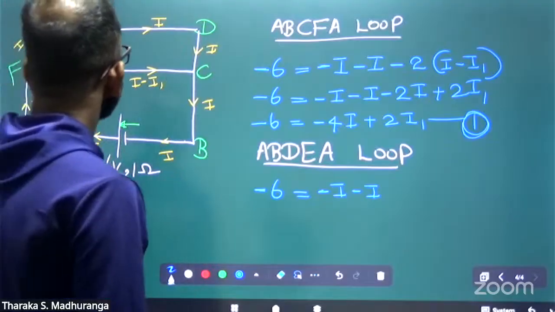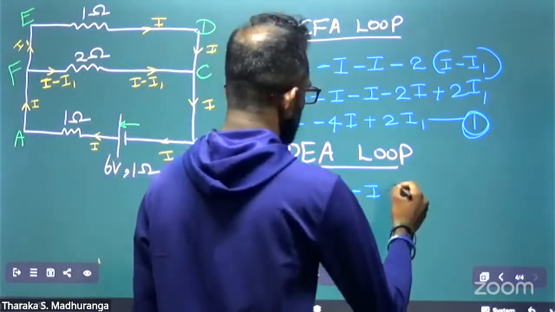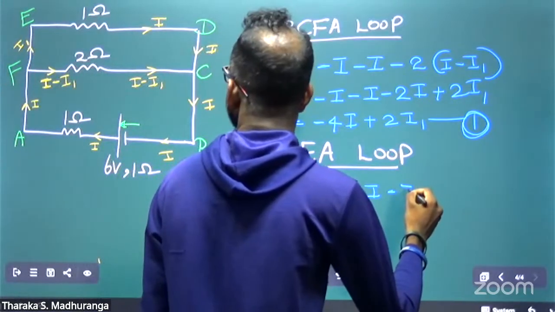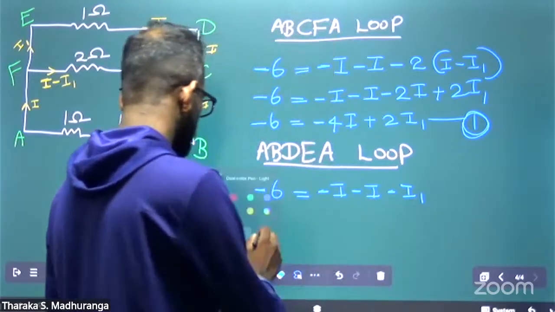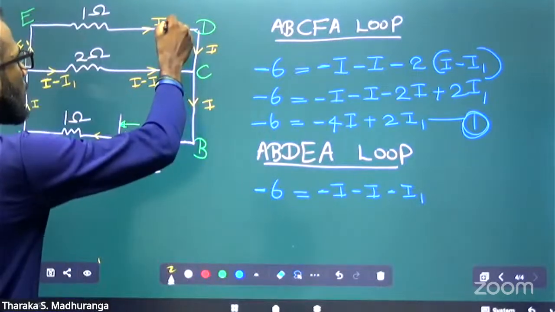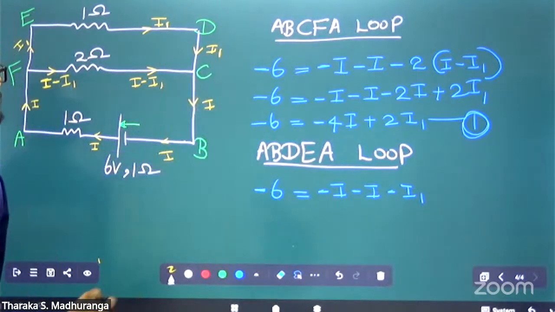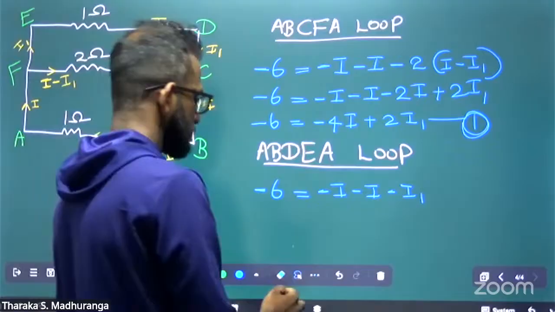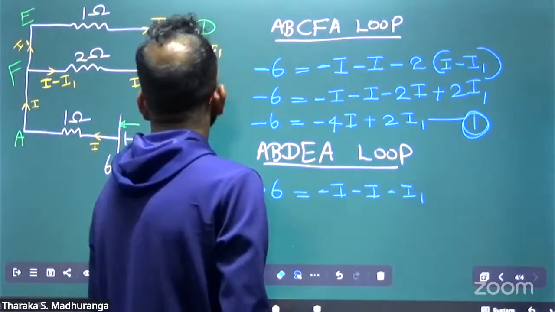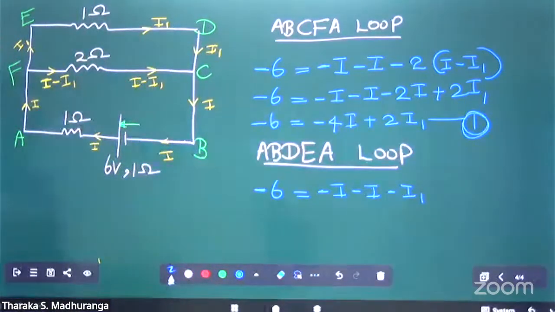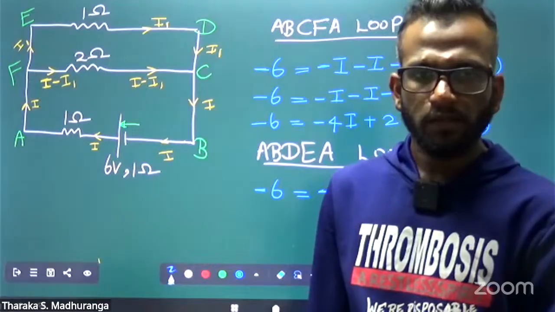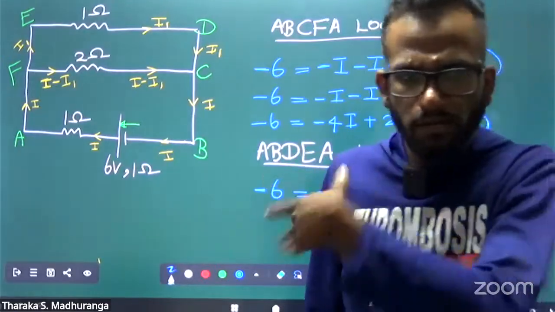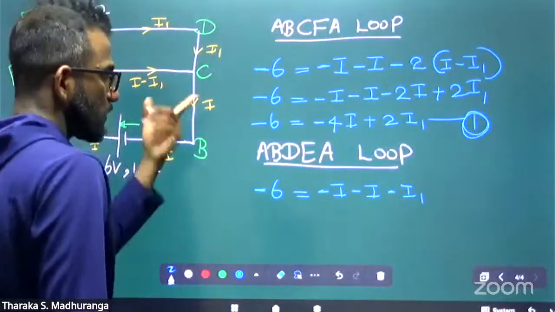Coming D to E, minus I again, minus I1, it's a mistake, minus I1. Then again coming to A, no battery or resistor. No need to consider the middle one now. We considered it in the previous one.